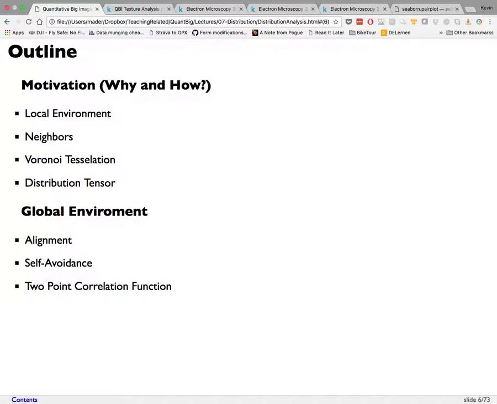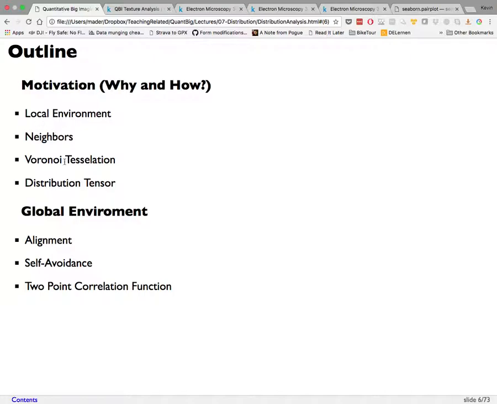The outline for today is what are we trying to quantify inside of these objects. One of the things that's very interesting to look at is the local environment. When you're looking at cells, what is around them, what things are close to them, what things are further away. That also fits very well into neighbors. So how many different objects are touching your current object or potentially in contact with it.